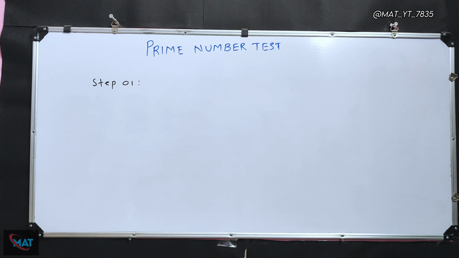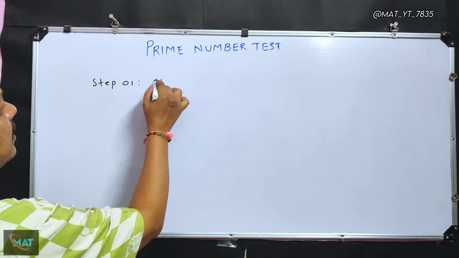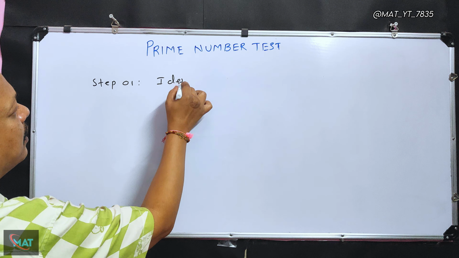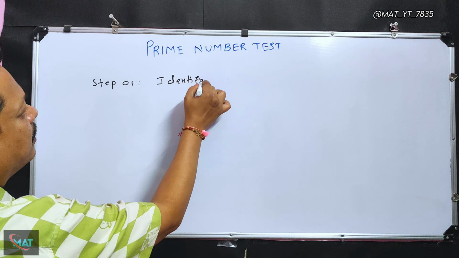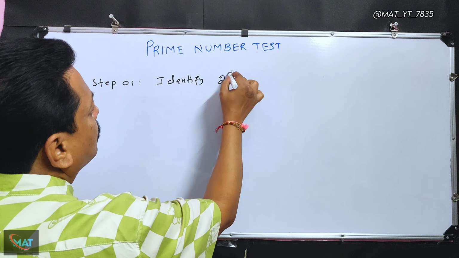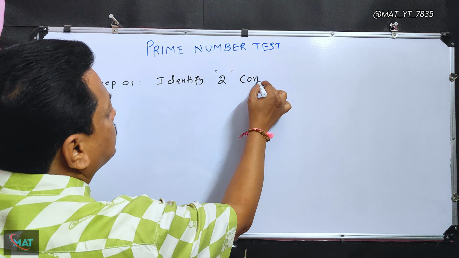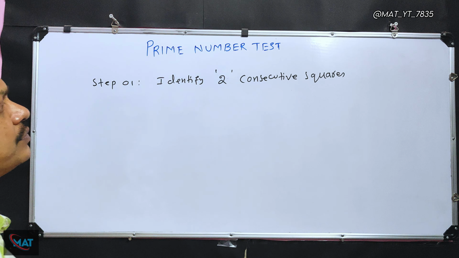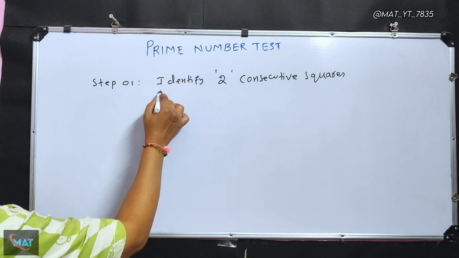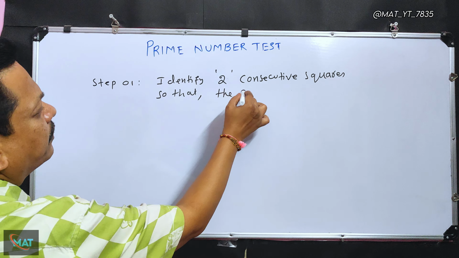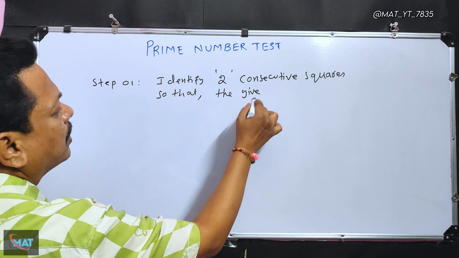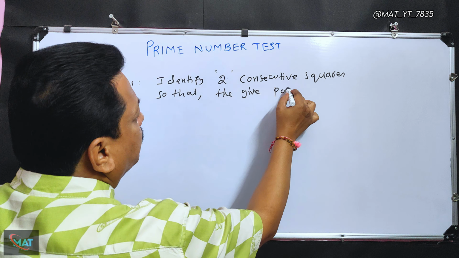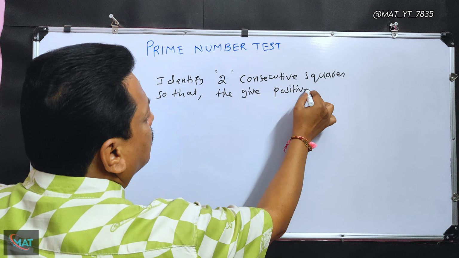Step 1, identify two consecutive squares so that the given positive number will lie between them.